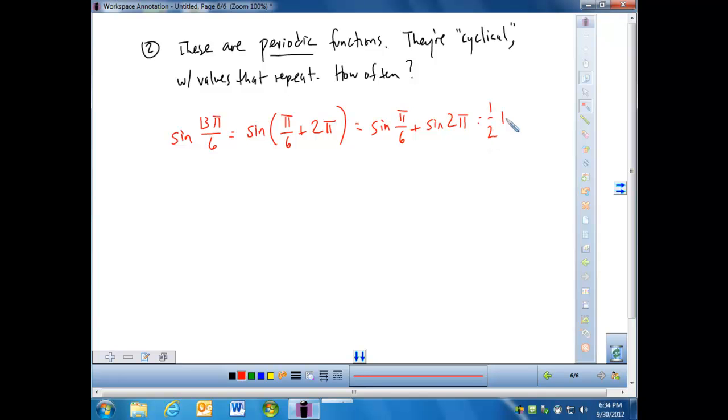The sine of 2 pi is exactly the same as the sine of 0, which is 0 over 1, which is 0. So add those together and you see that the sine of 13 pi over 6 is indeed the same as the sine of pi over 6. So if given an angle that's not part of your unit circle, find the angle that it is coterminal with in the unit circle and solve those.